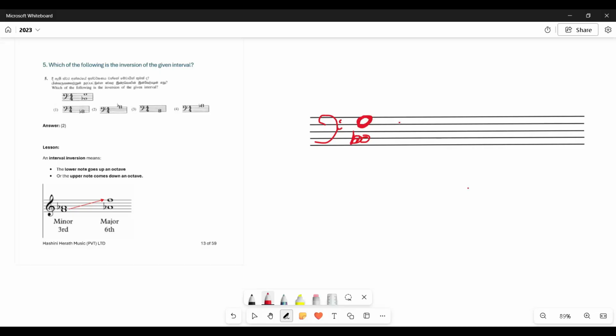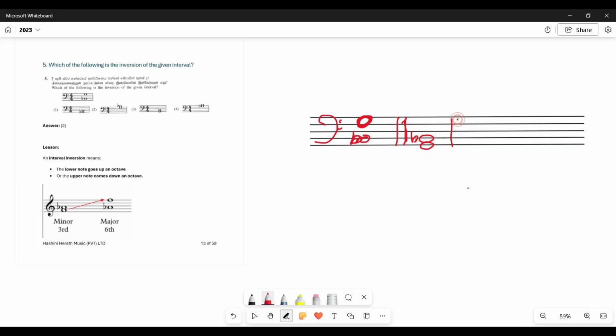Now there are two ways to write these kinds of inversions. You can either make this go up or make this go down. Same thing, same interval, but just an octave difference. So if you take this G down, that would be like this.